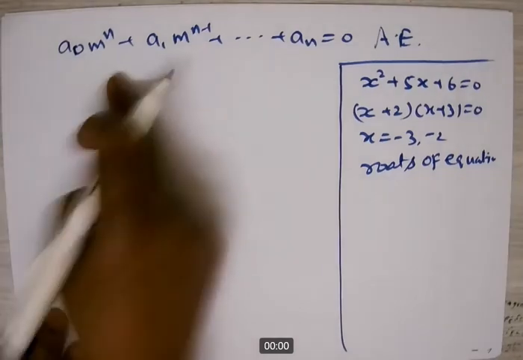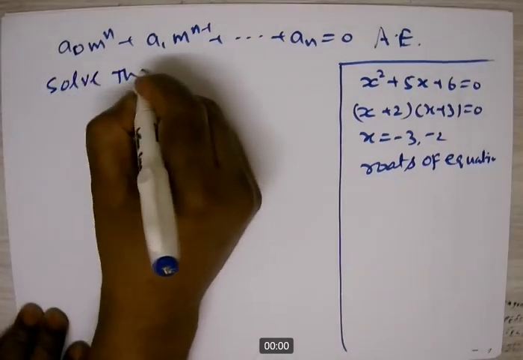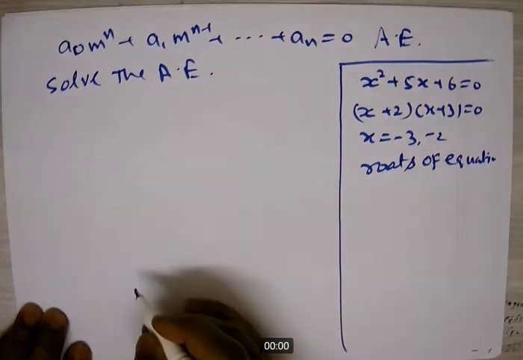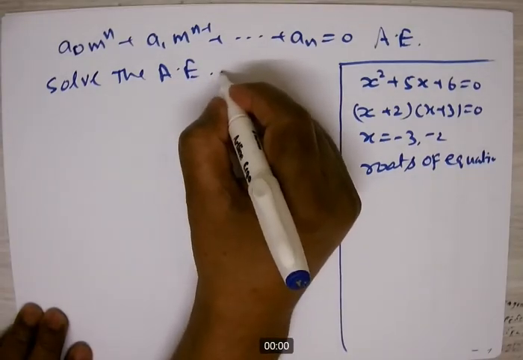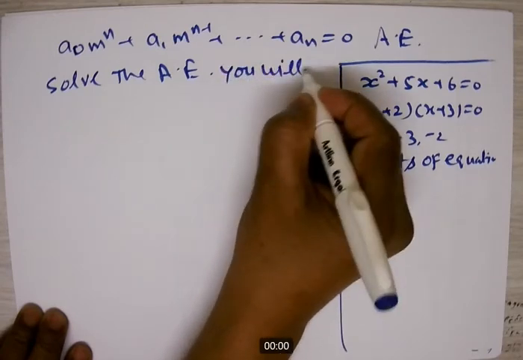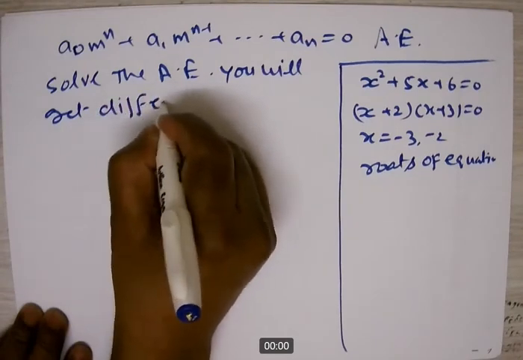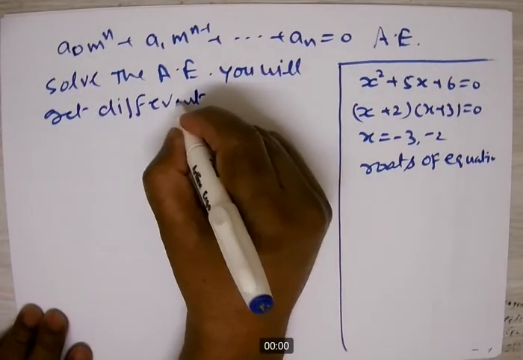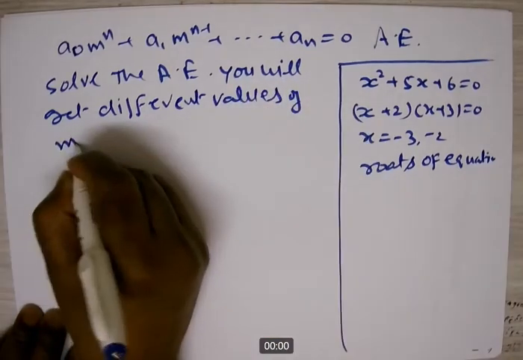So solve this auxiliary equation. You will get different values of m.